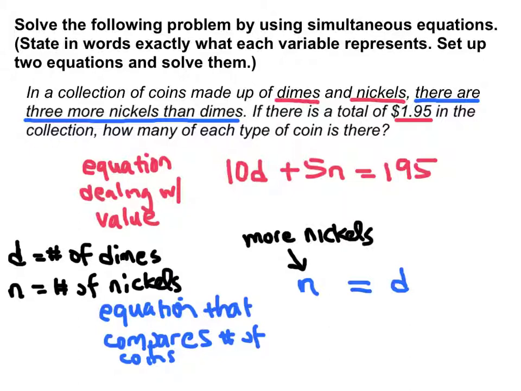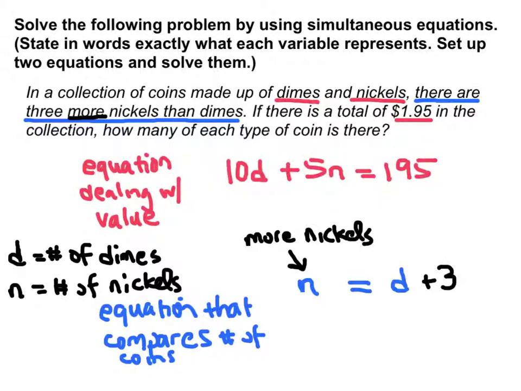And if there are more nickels, in order to balance out the equation, we should be adding 3 to the number of dimes because of the keyword more. If there are already more nickels, then in order to balance out the equation, you do have to add more to the smaller amount. So our second equation would be n equals d plus 3.